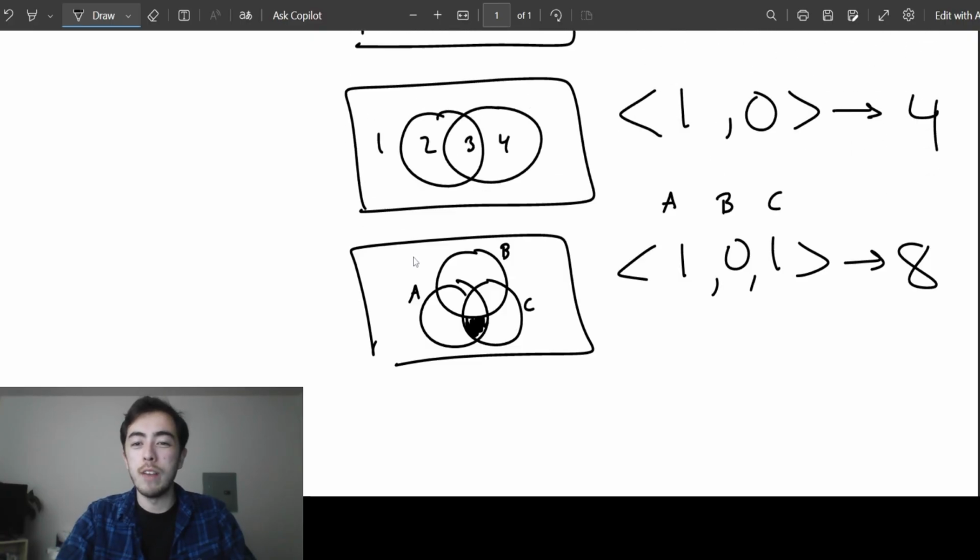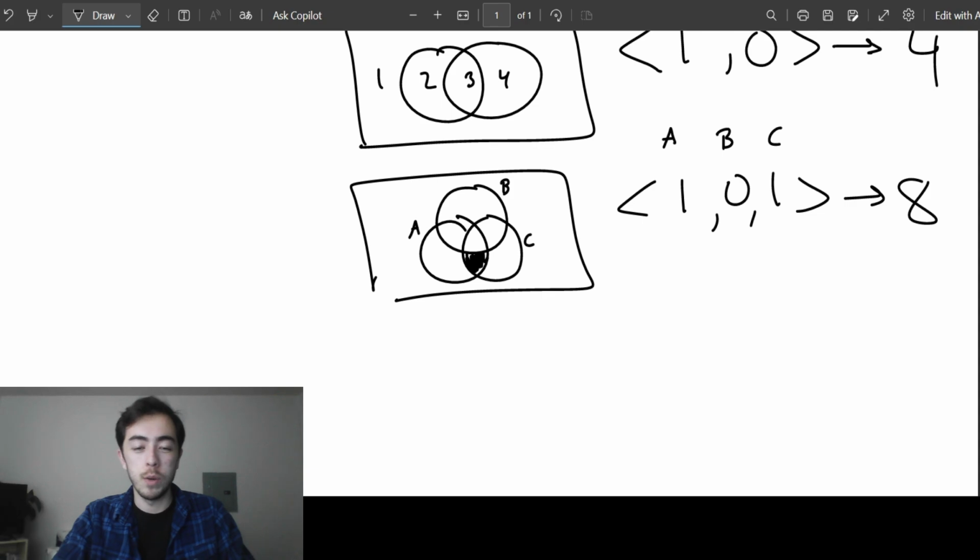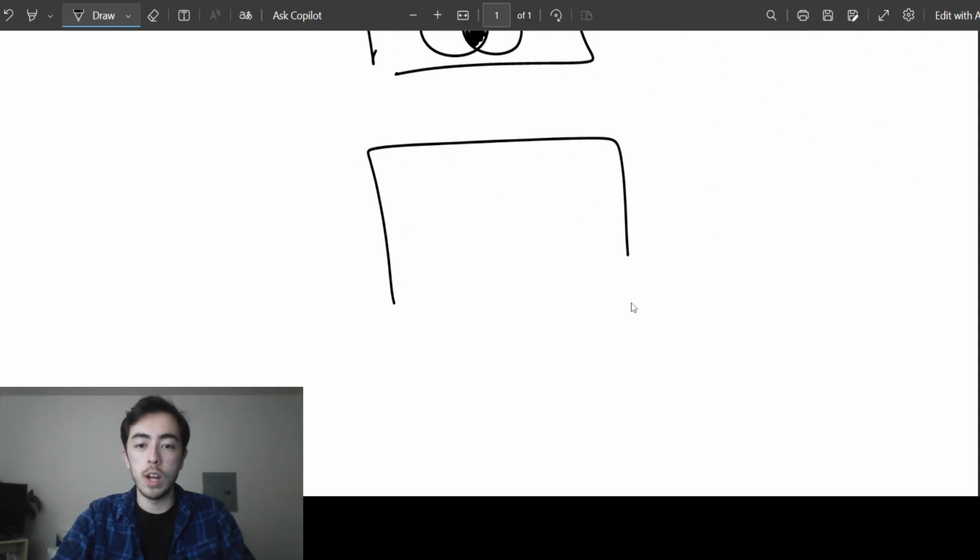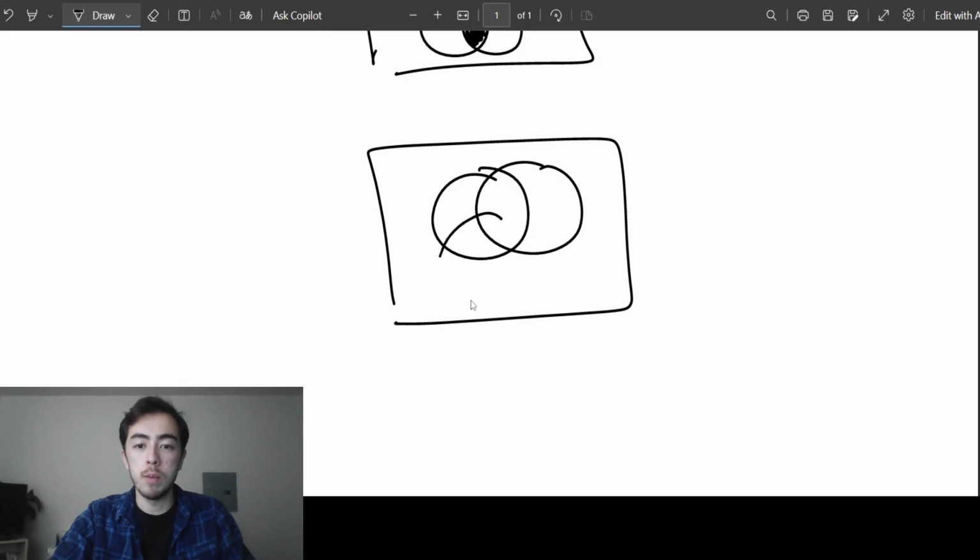And so here's where having this general idea of what's going on is helpful, because if you just try drawing a 4 circle or 4 set Venn diagram, using the same strategy as before, and count up all the different regions, we get 1, 2, 3, 4, 5, 6, 7, 8, 9, 10, 11, 12, 13, 14.